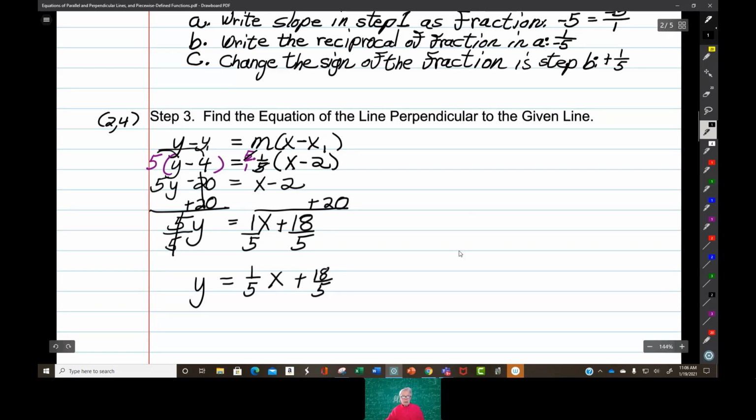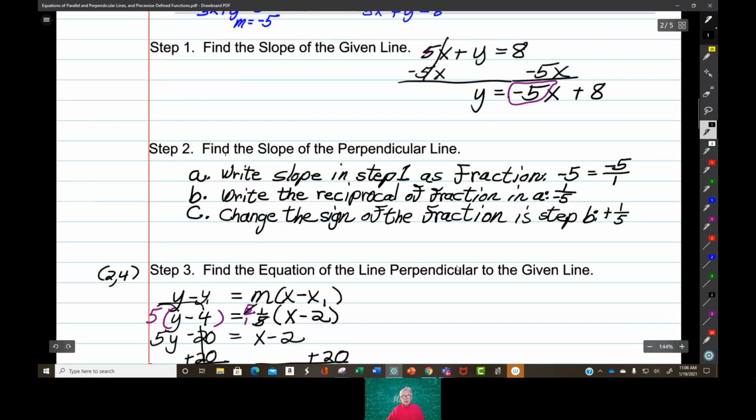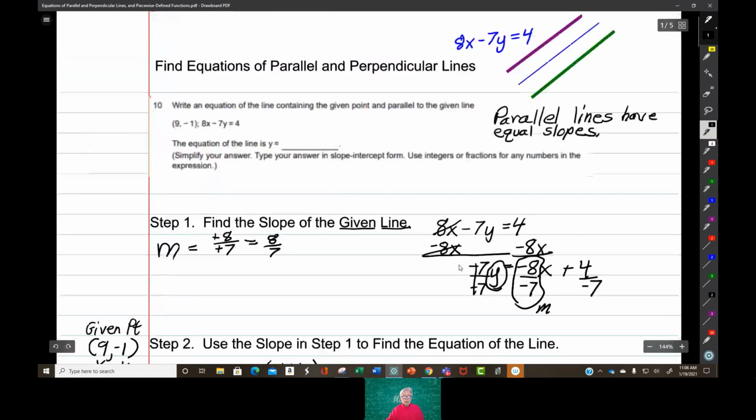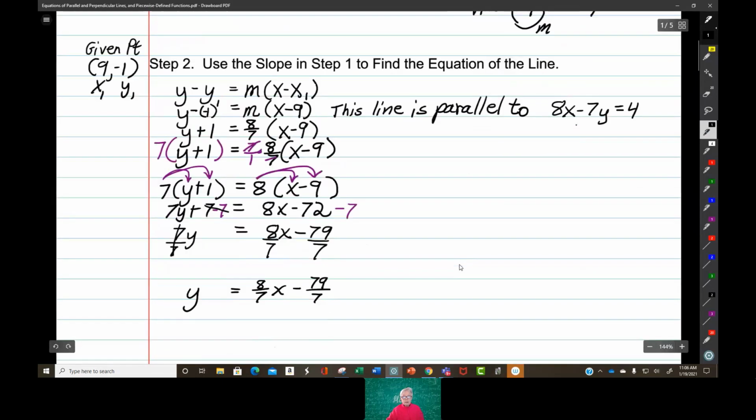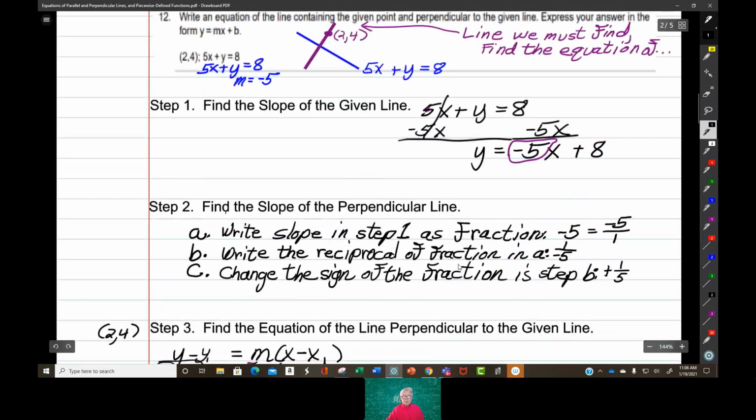Okay, discussion, discussion, discussion. Parallel, perpendicular.